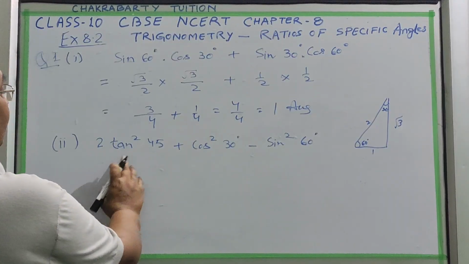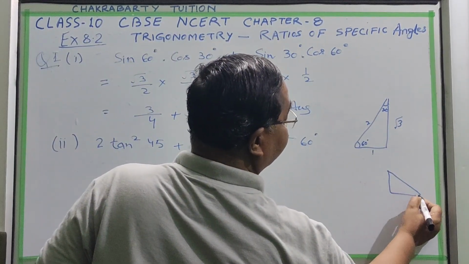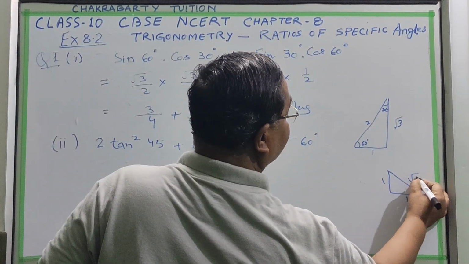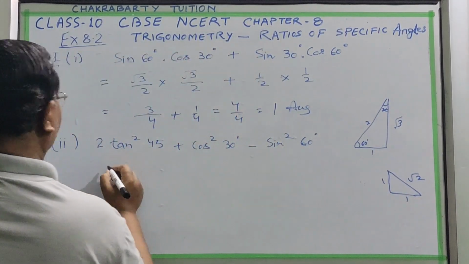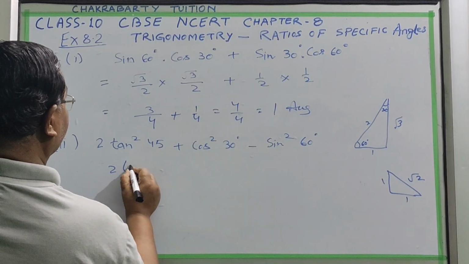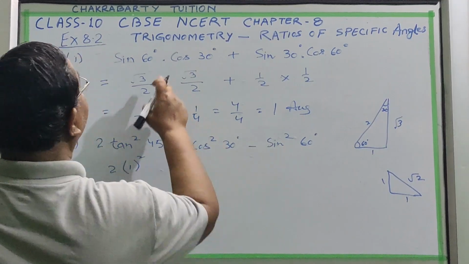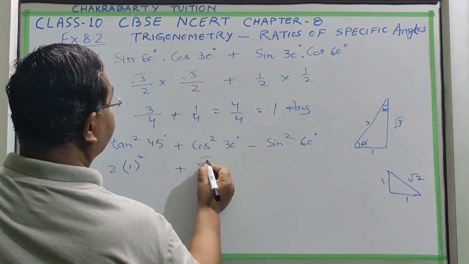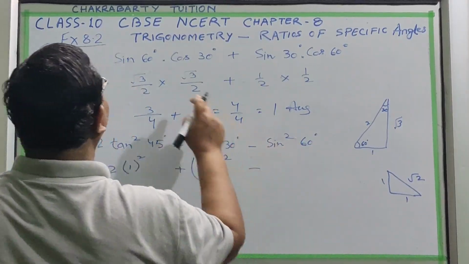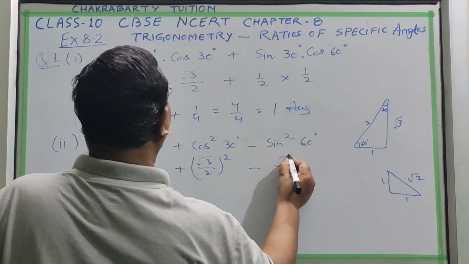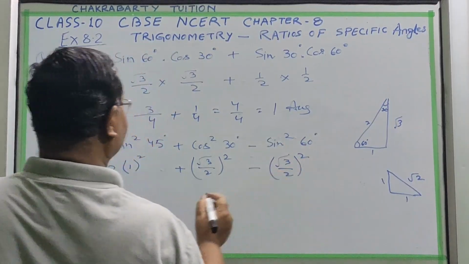So this we have to solve. Tan 45. So for tan, what do we draw? 1 and under root 2. So tan will be 1 upon 1. So 2 into 1 square plus cos 30, which we have just found out, under root 3 by 2 and its square, minus sin 60 is here, under root 3 by 2 and its square is there, means you have to do the square also.